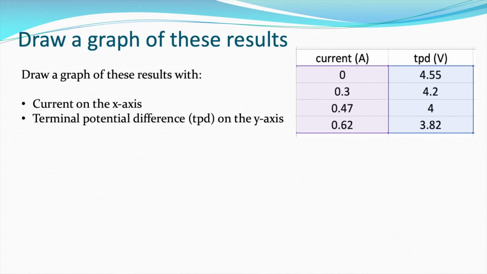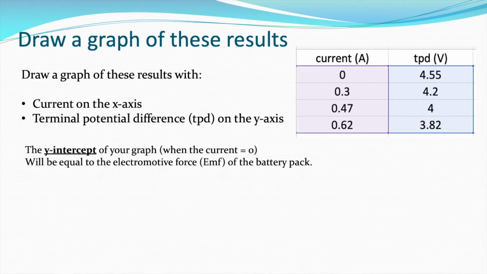It's going to start at 4.55 on your y-axis, and it's going to decrease. Now, that y-intercept, where your graph cuts the y-axis, is the maximum voltage. That will be equal to the EMF of the battery pack. That's the TPD when no current flows.